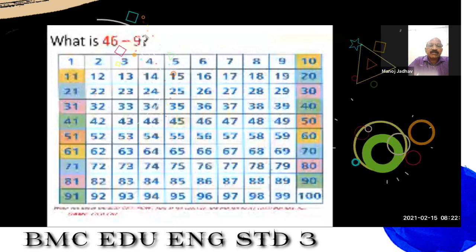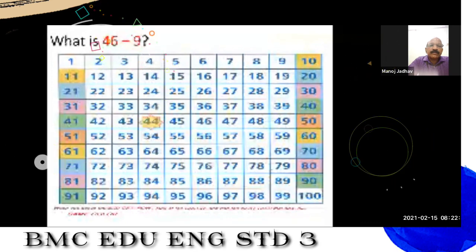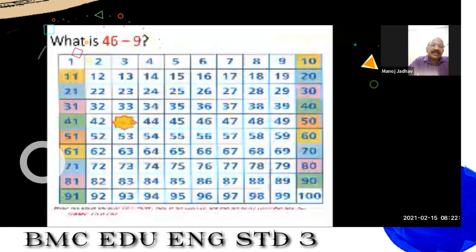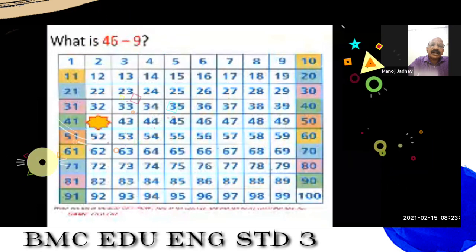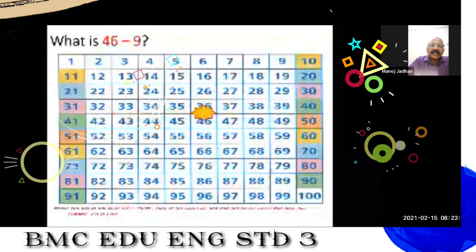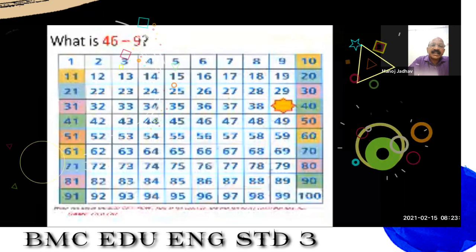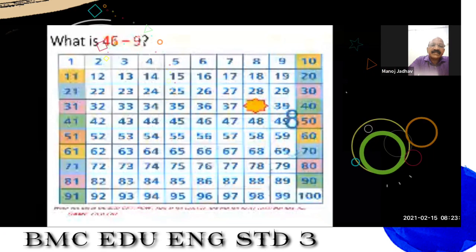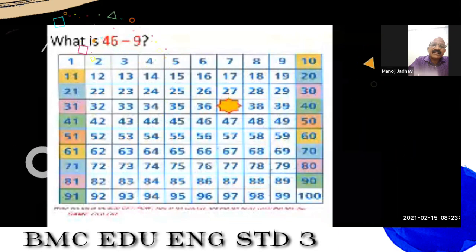From 46, it will start moving backward. 45, then 44, 43, 42, then 41, then 40, 39, 38, and the ninth place is 37.